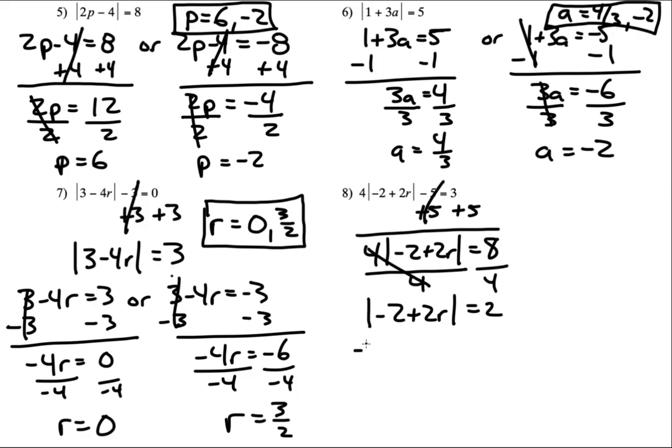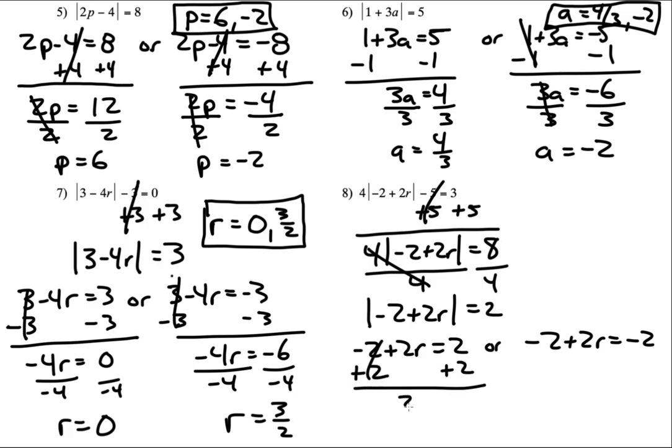I'm going to have negative 2 plus 2r equals 2, or negative 2 plus 2r equals negative 2. If I add 2 to both sides here, those cancel. I have 2r equals 4. If I divide by 2, I end up with, over here, r equals 4 over 2, which is just going to be 2.